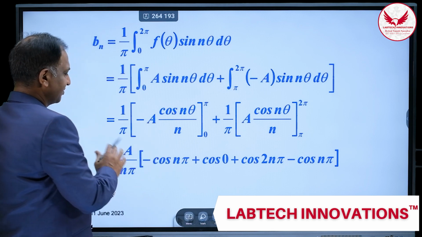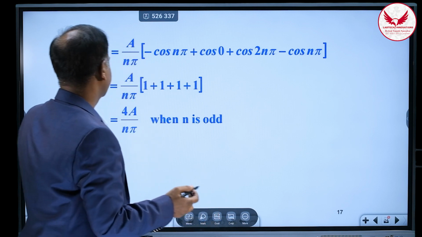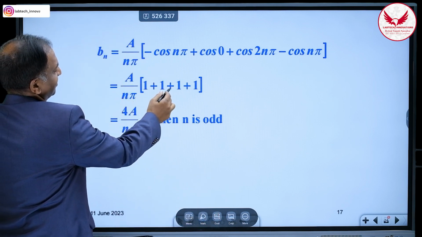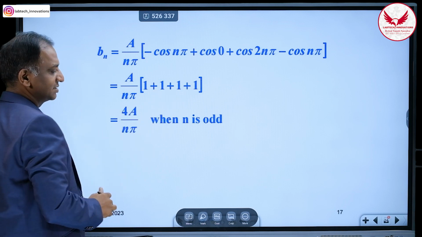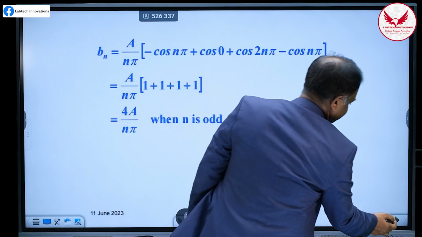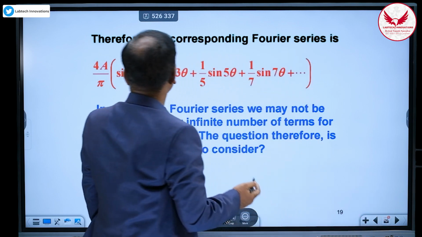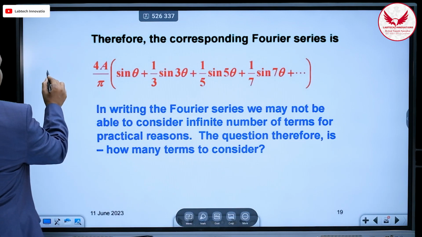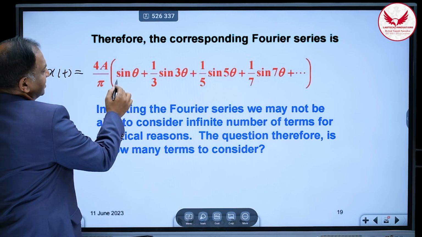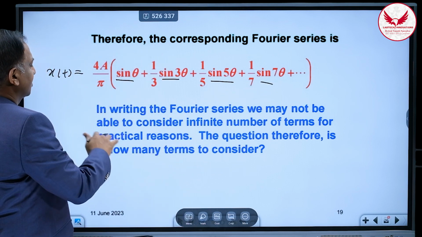Next you find out bn. This we have already calculated, only we considered t instead of theta, and bn comes out to be A upon n pi times 1 plus 1 plus 1 when n is odd, and when n is even it is equal to 0. You write the trigonometric Fourier series formula, and you can represent this signal as x of t, which is represented in terms of sine and cosine components.